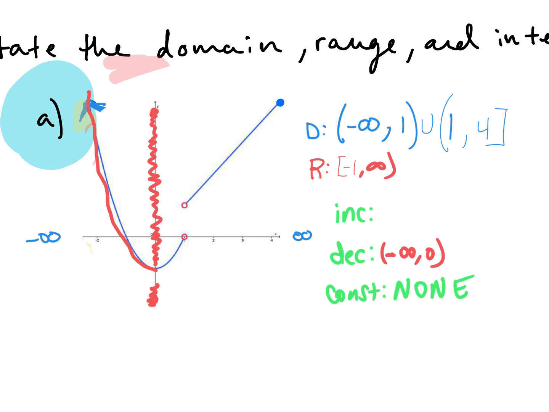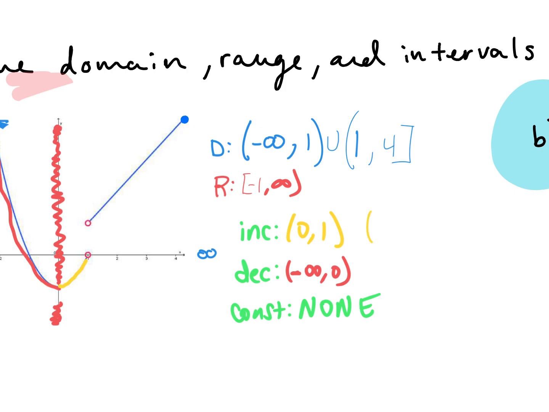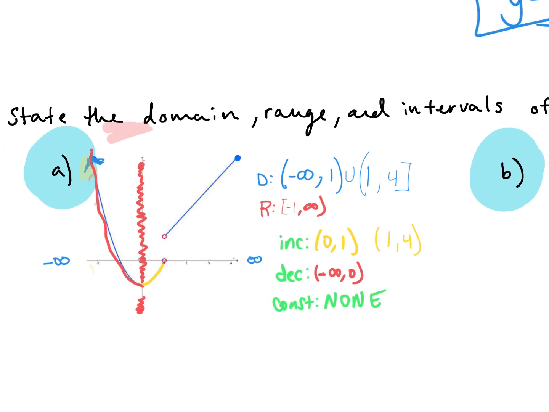Always use parentheses. So then what happens? The graph does what? It increases from where? 0 to 1. It's increasing from 0 to 1. And then what's it doing? Increasing again. It's increasing from where? 1 to 4. Good. How come you didn't put brackets?